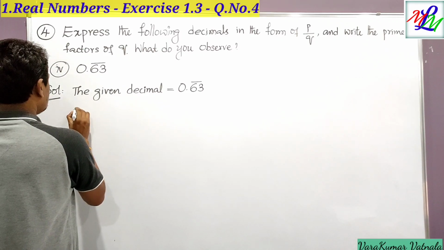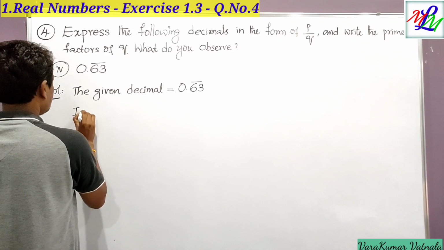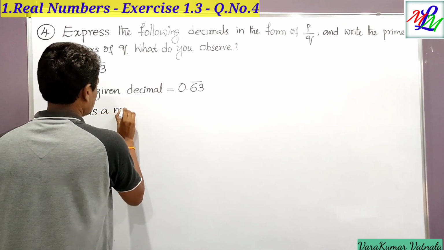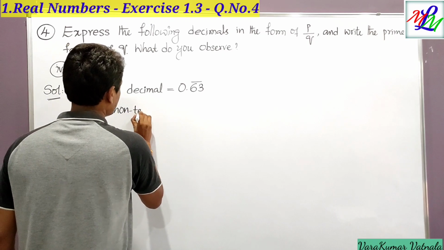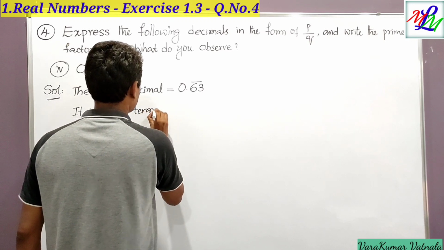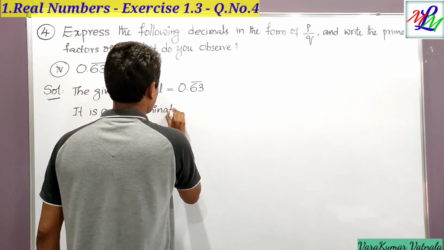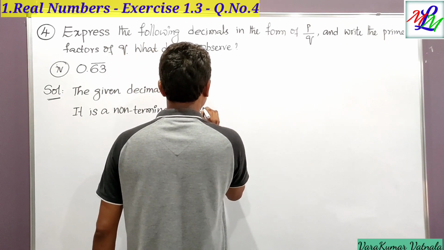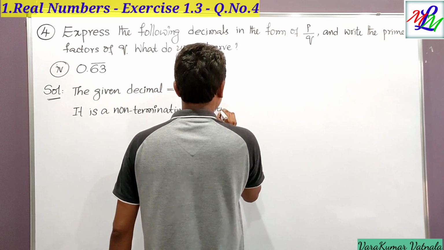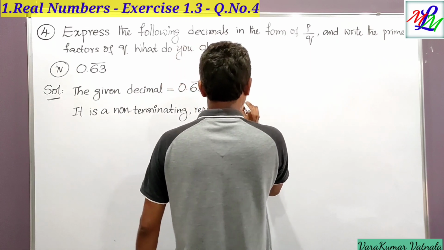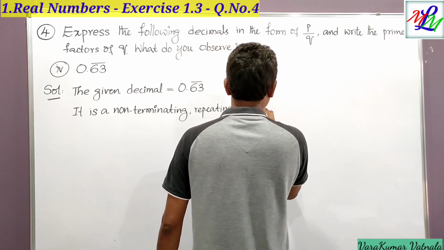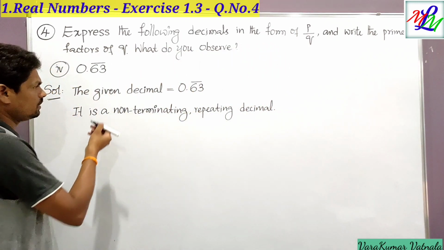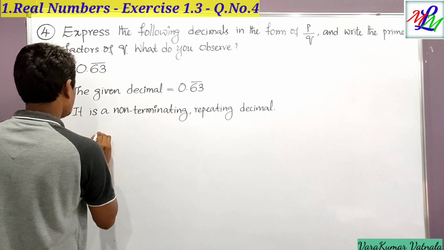It is very clear, it is a non-terminating repeating decimal. Non-terminating repeating decimals are rational numbers, therefore it can be converted into p by q form.